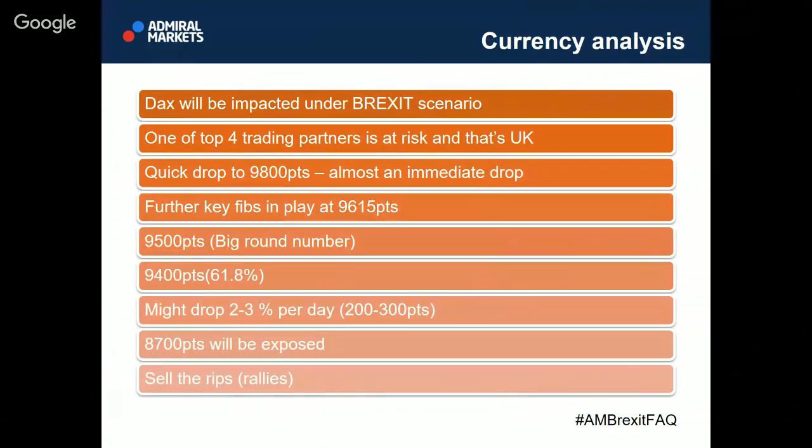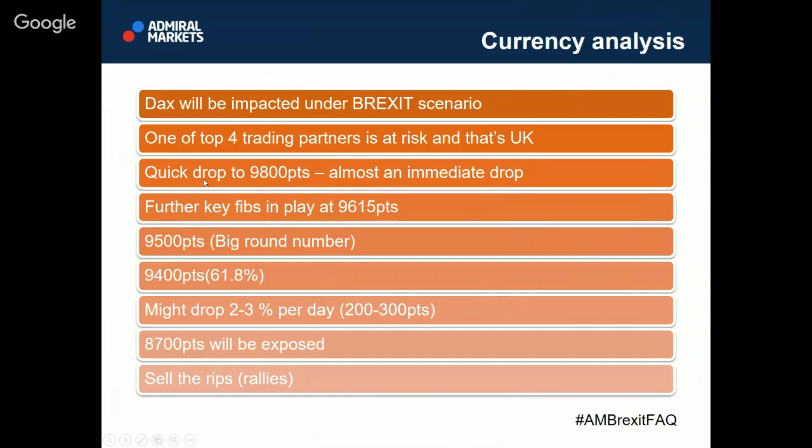Additionally, guys, DXY will have a huge impact under a Brexit scenario. We must realize that we will see an impact on DXY because it could mean one of the top 4 trading partners is at risk, and that is the UK.